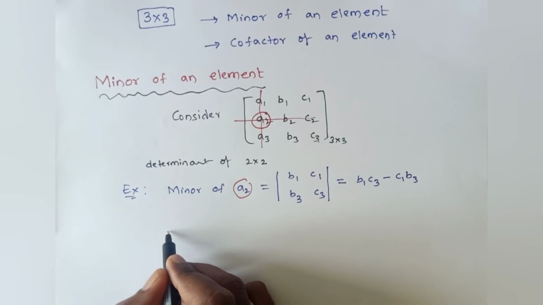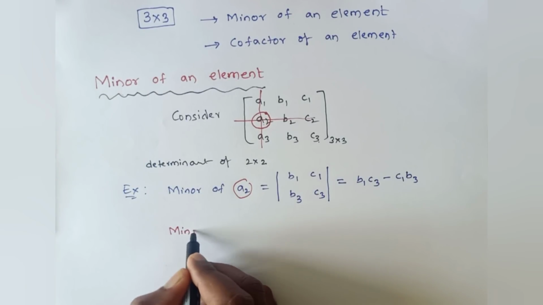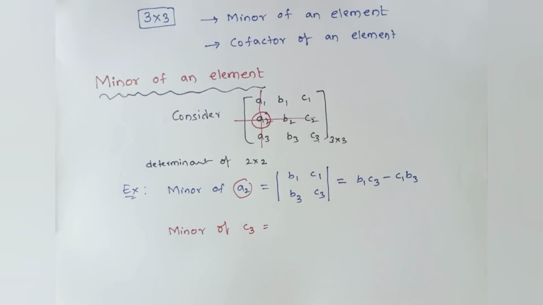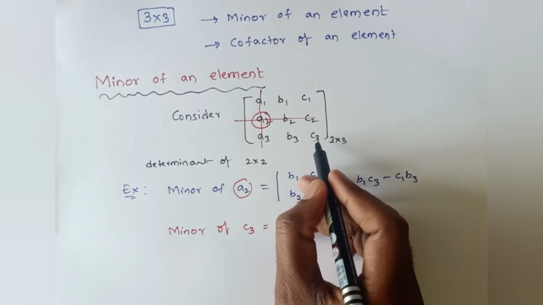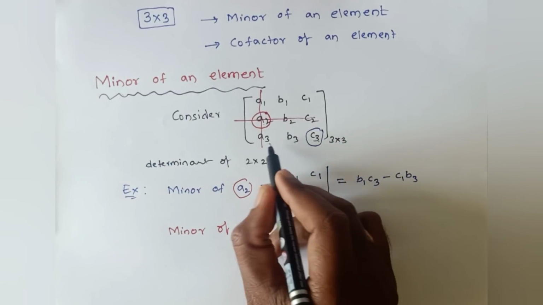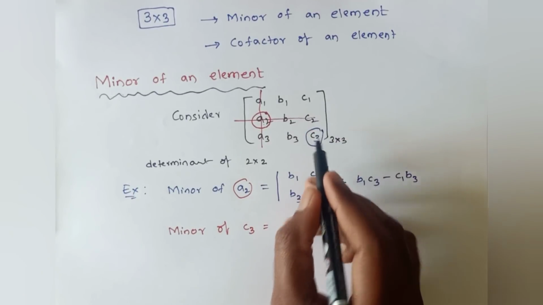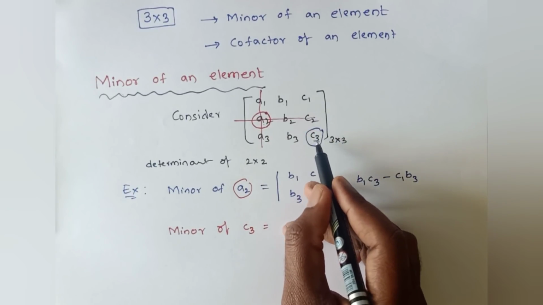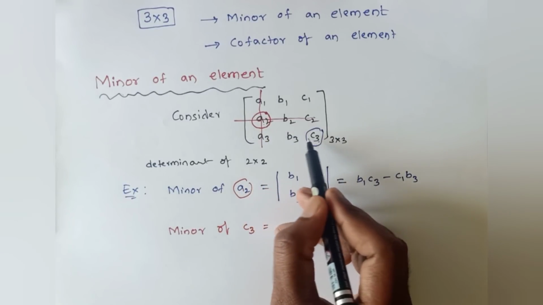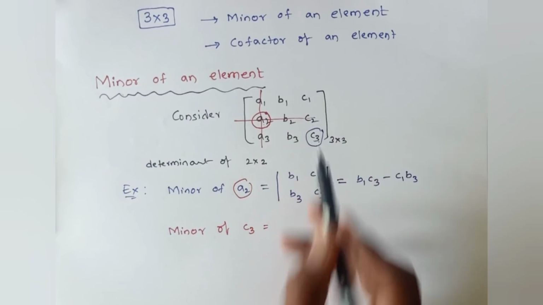Let's see one more example. Let us consider C3, minor of C3. Evaluate the minor of C3. See here, the element C3 is present in the third row and third column. To evaluate the minor of C3, you need to delete the corresponding row and the corresponding column.